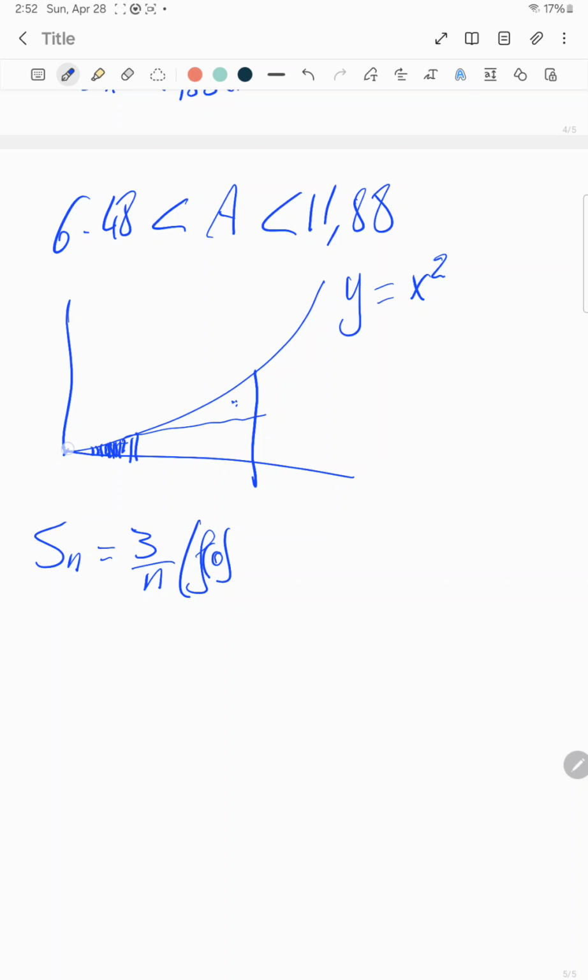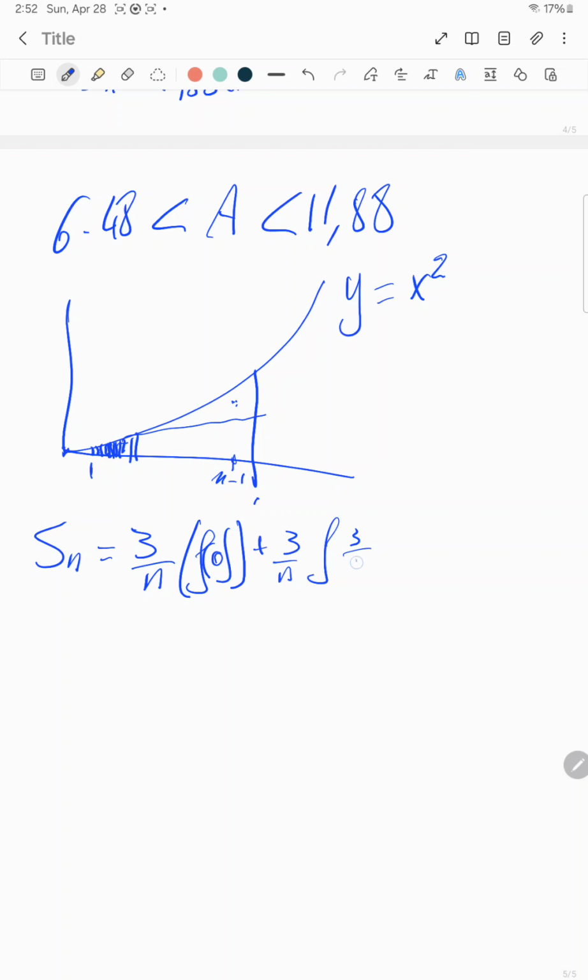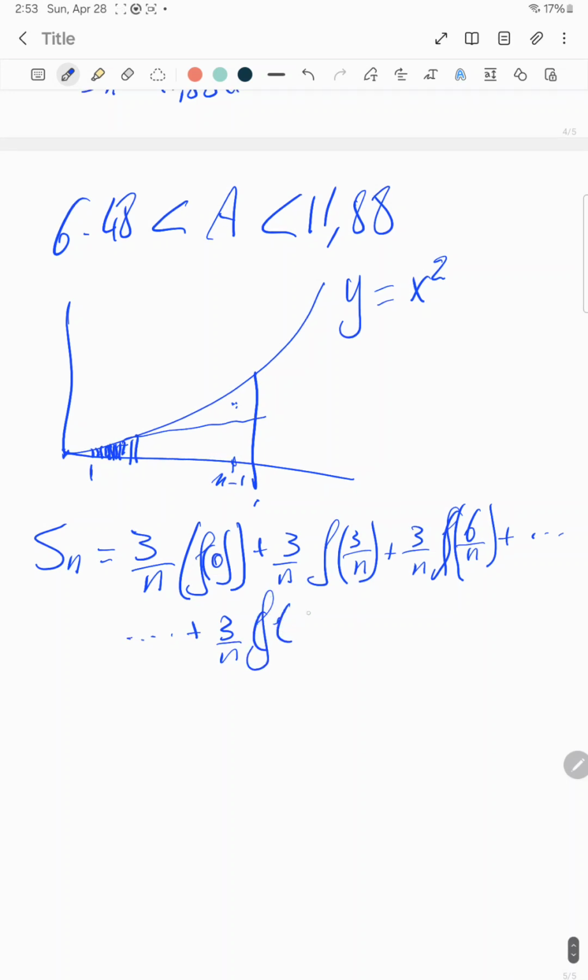I will do the lower bound starting with this till n minus 1, and the second one I will start with 1 to n, plus 3 over n times f of 3 over n plus 3 over n times f of 6 over n plus 3 over n f of 3 times n minus 1 divided by n.